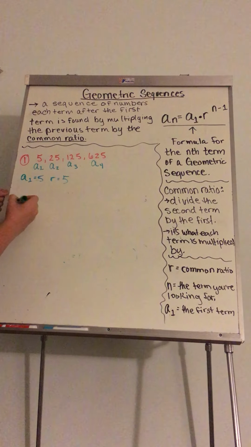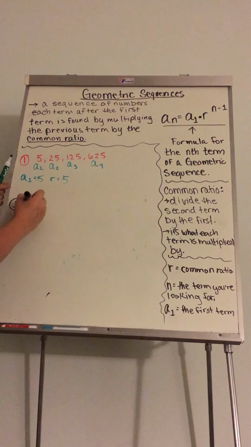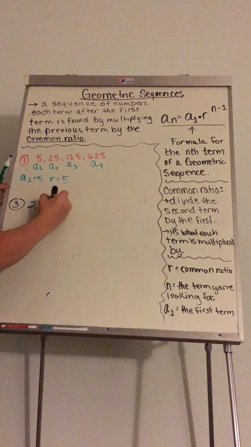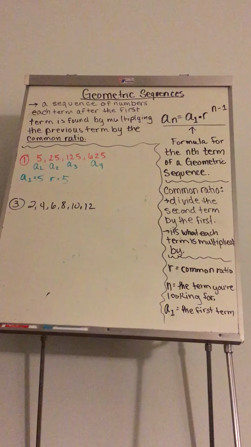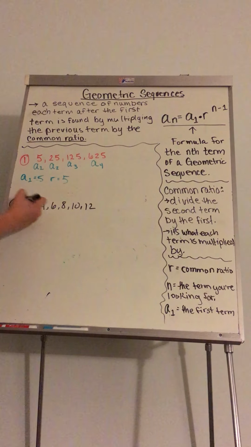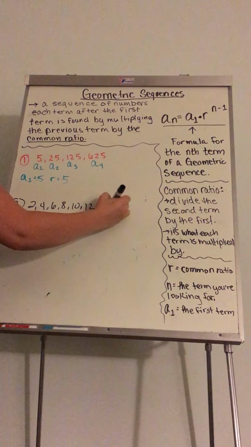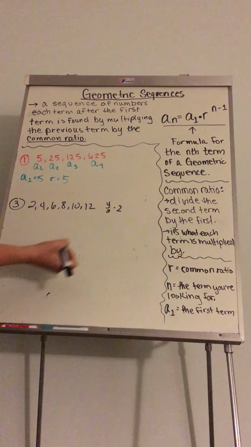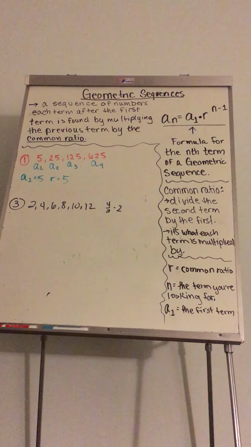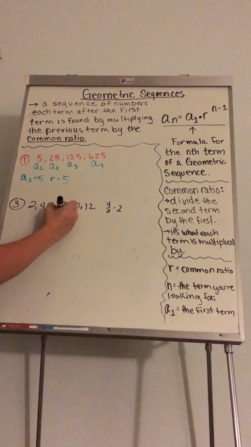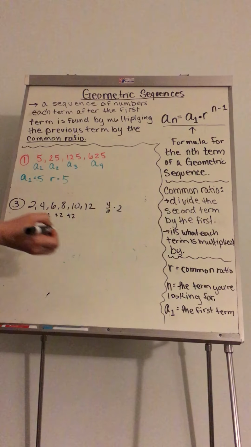Say I had this sequence: 2, 4, 6, 8, 10, 12. I do 4 divided by 2 is 2. And then I multiply 4 times 2 is 8. So I can tell right off the bat that this is not geometric. This is actually an arithmetic sequence because 2 is added to each number and not multiplied.